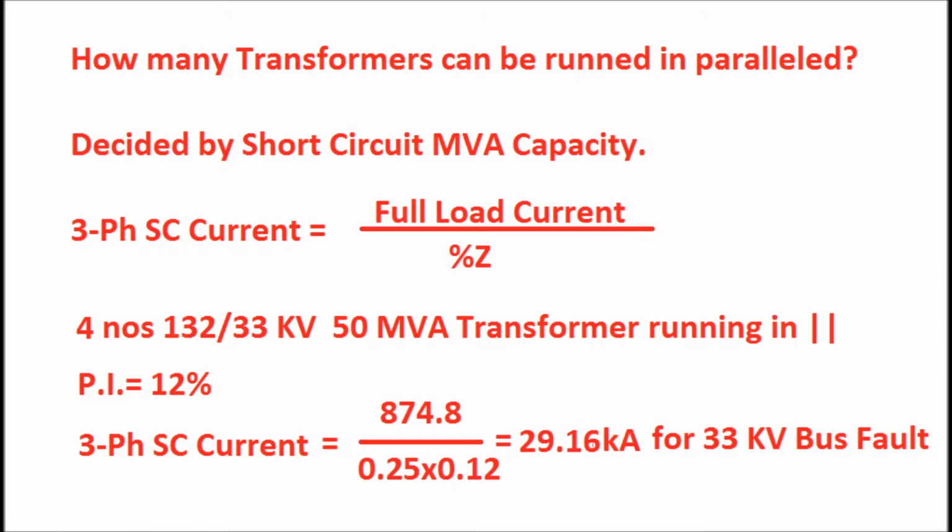Now again, if four transformers of the same capacity and same voltage ratio are running in parallel, then the three-phase short circuit current for a 33 kV bus fault will be equal to 874.8 divided by 0.12 divided by 4, which is equal to 29.16 kiloampere. Now, a 33 kV breaker has a maximum short circuit capacity rated at 25 kiloampere for 3 seconds.